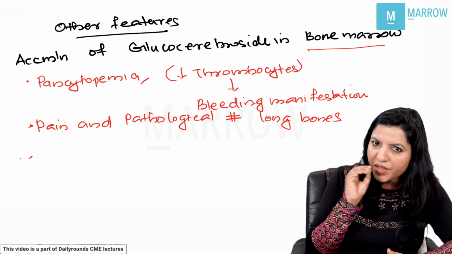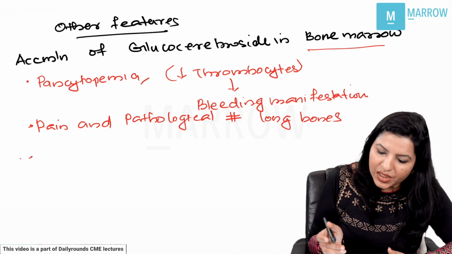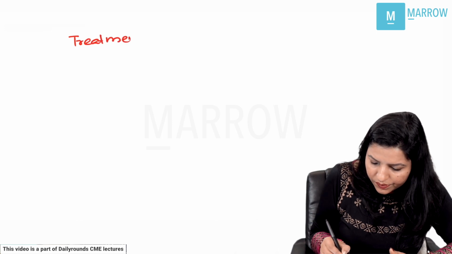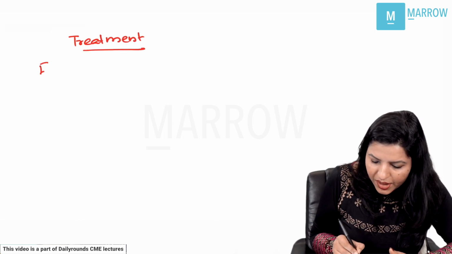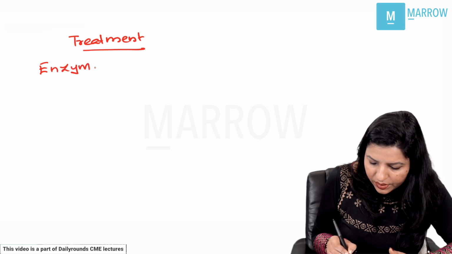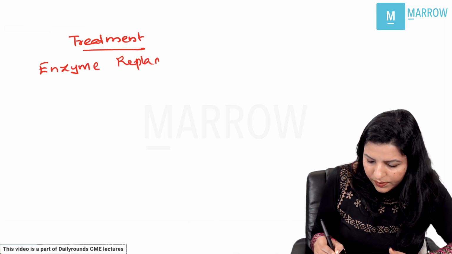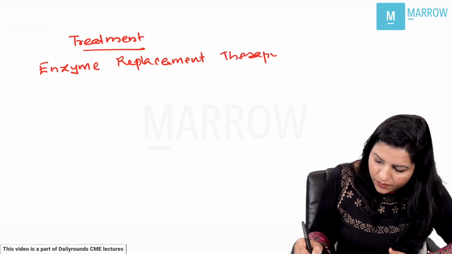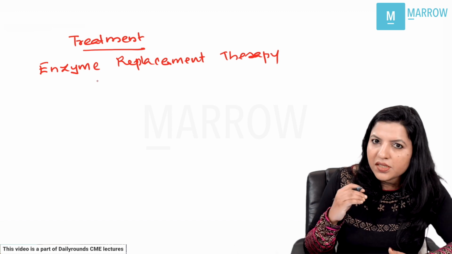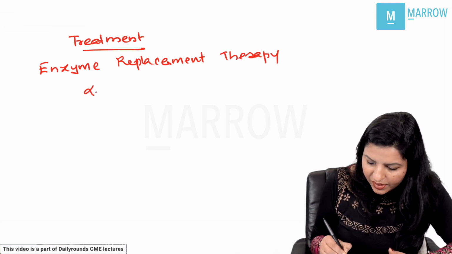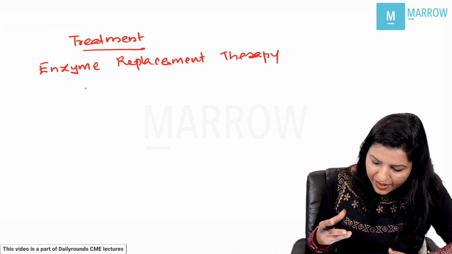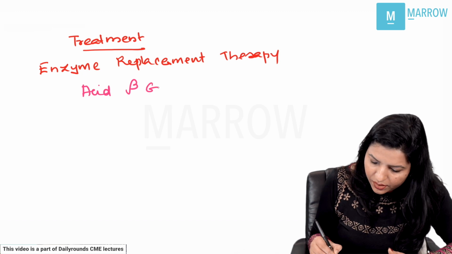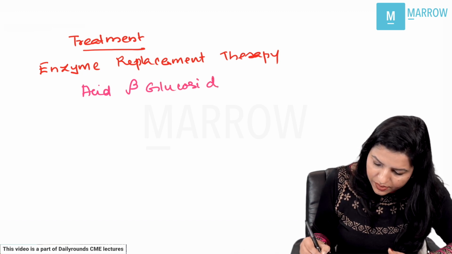In Gaucher disease, some additional points I want to discuss is about its treatment. The current modalities of treatment: enzyme replacement therapy is available, which is nowadays given as acid beta glucosidase.